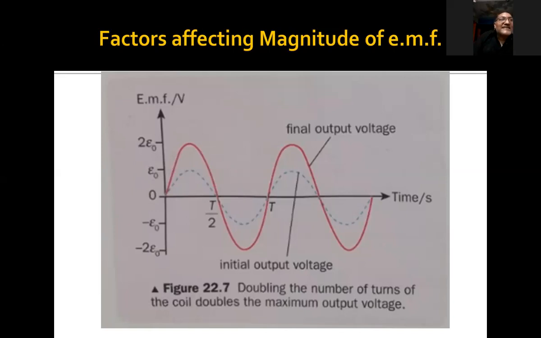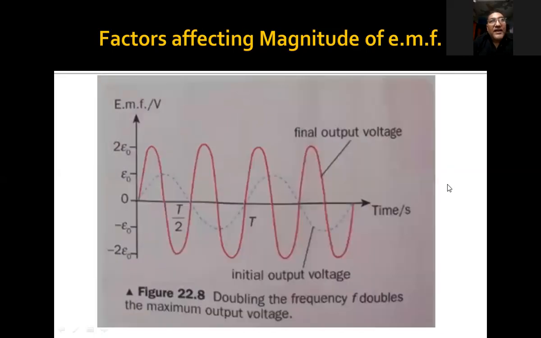So you can see here this red graph shows when the turns are doubled, the amplitude of the graph has doubled, but the time period and the frequency are still the same. I hope that you have understood that by doubling the number of turns of the coil in the generator, we can get double the voltage, double the EMF. I hope that this graph is clear to you.